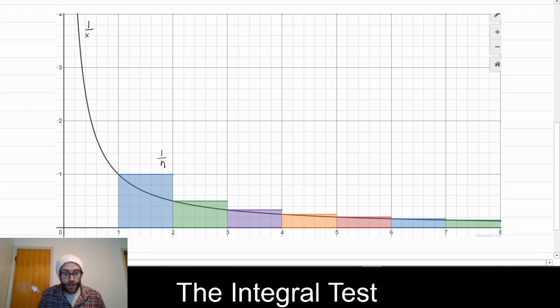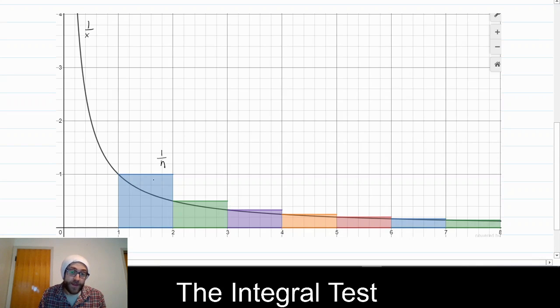And we can see that 1 over 1 is 1, 1 over 2 is 1/2, 1/3, 1/4, 1/5, and so on. But the important thing to note here is that the area under the curves of this step function is actually bigger than the curve. So each of these has base 1 and height 1 over n, so its value is 1 over n.